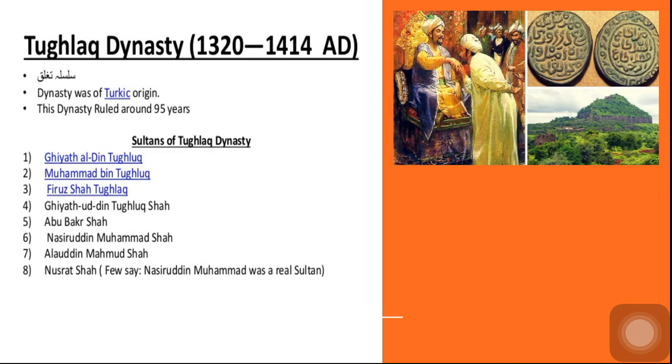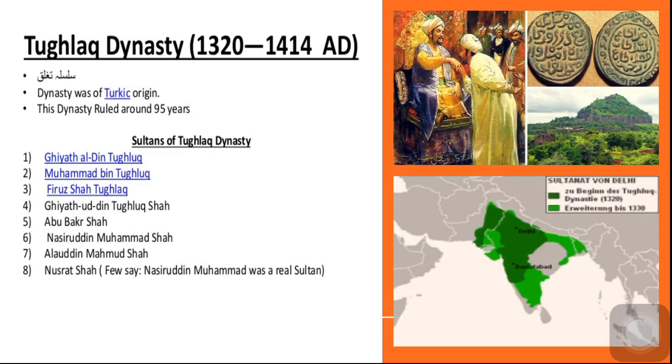Muhammad Tughlaq stands out as a controversial figure. Muhammad Tughlaq had ideas beyond his time. He issued token currency in copper, as you see in this picture, an experiment that had already been done in China, where paper currency had been issued.